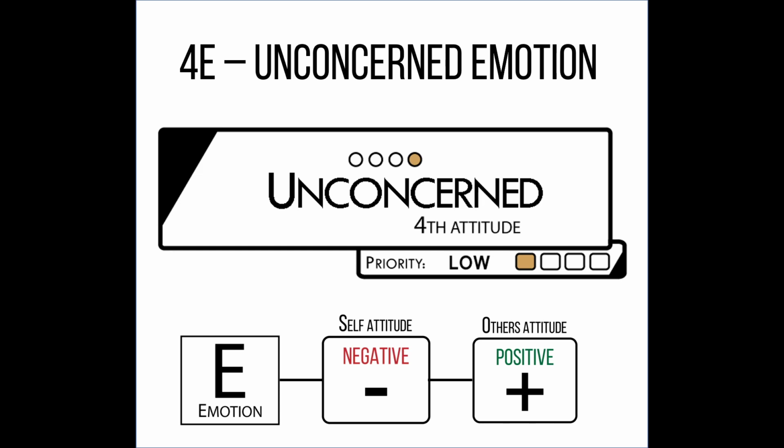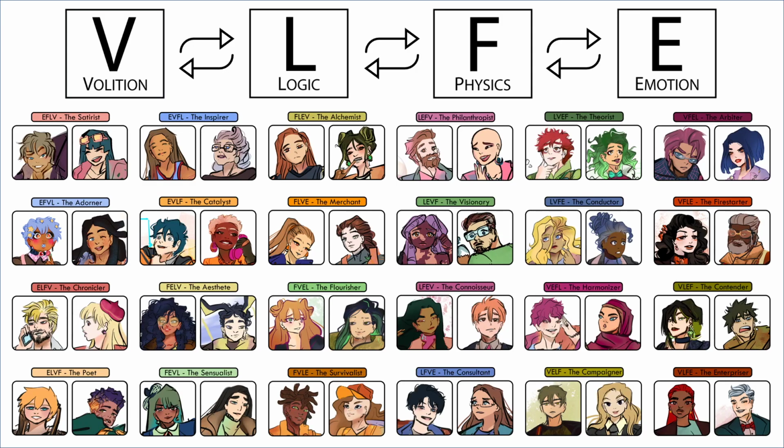Okay. Hopefully that's clear. So all in all, we can move any of the aspects to any position, but no two aspects can be in the same position. You can't have a double attitude in logic. You can't have a double attitude in volition. This just doesn't happen. And I'm going to reiterate this a lot because I know people really want to dig in and figure out how it works, and they're going to get confused of how their actual attitude is.